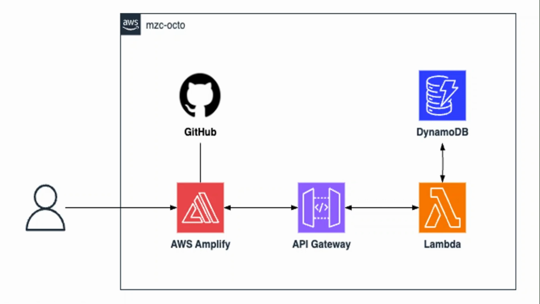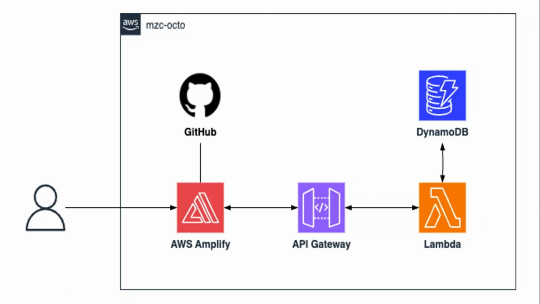AWS Amplify forwards user requests to API Gateway, which manages these requests and routes them to appropriate backend services. API Gateway ensures secure and scalable handling of the application's API, acting as a bridge between the front-end and backend. From API Gateway, requests are sent to AWS Lambda, a serverless compute service. Lambda processes the request by running custom business logic.